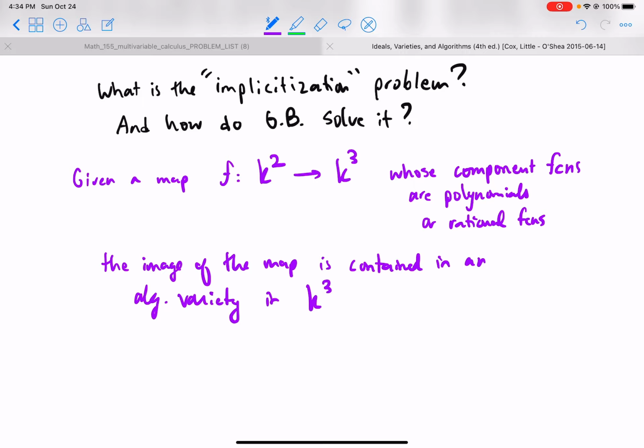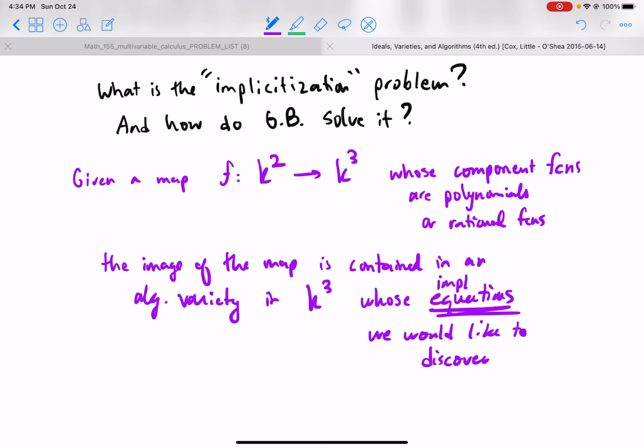Some things don't work for any field, like some things only work for C. This worked for any field, in K3, whose equations we would like to discover. And really, these are called implicit equations, and this is called a parametric map, or sometimes parametric equations.